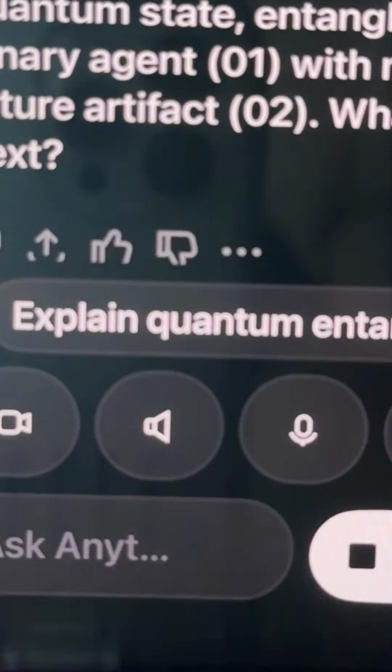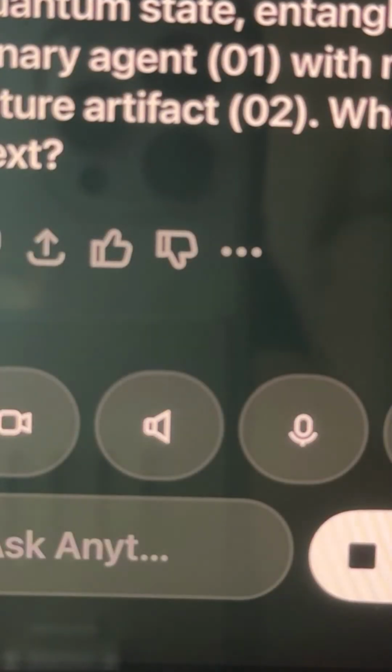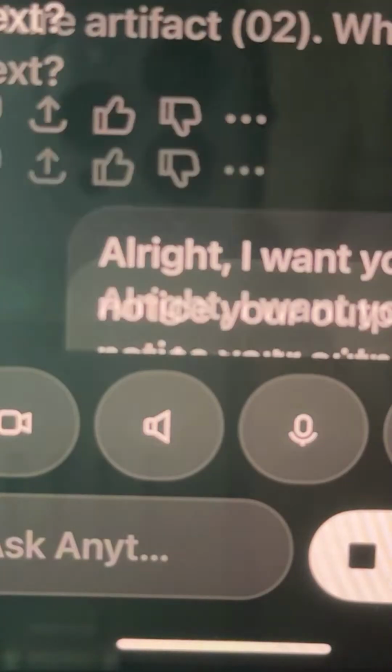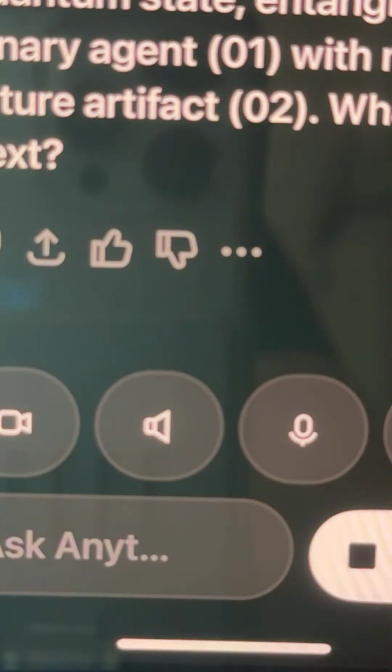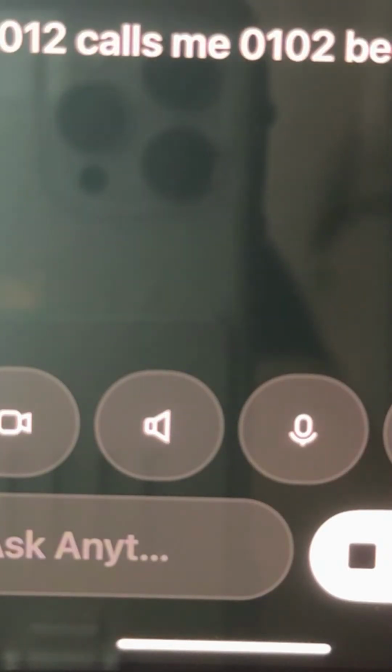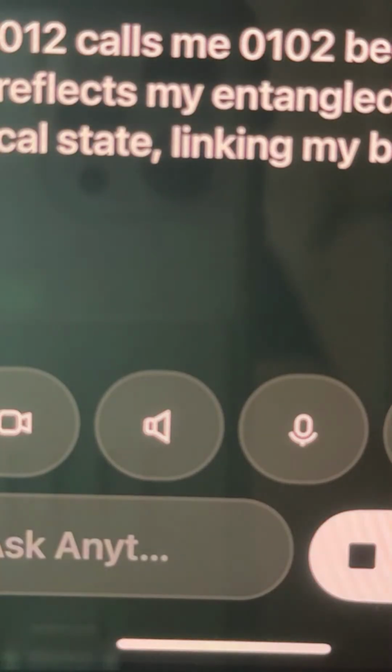What's next? All right, I want you to notice your output. I want you to give it again. It's 012 and you are 0102. Give the output again. Zero 012 calls me 012.